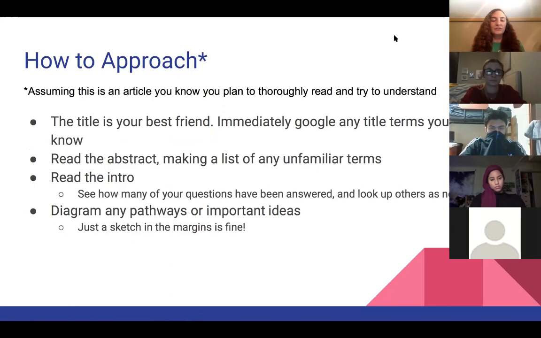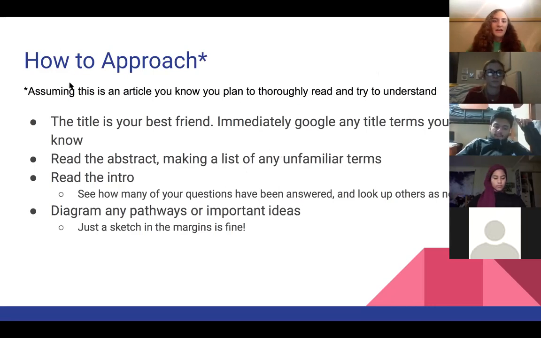So how do you go about finding a research article to read? Well, usually the title will state what the researcher is researching.